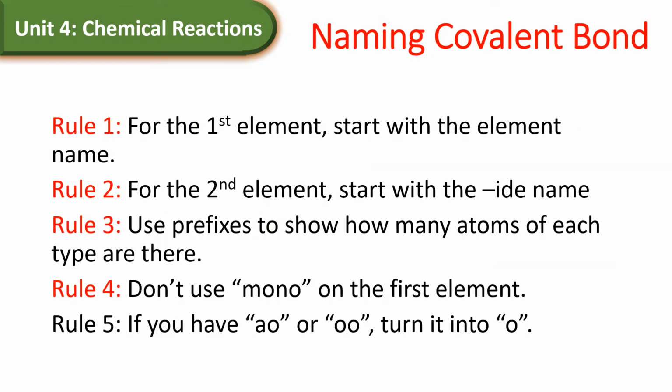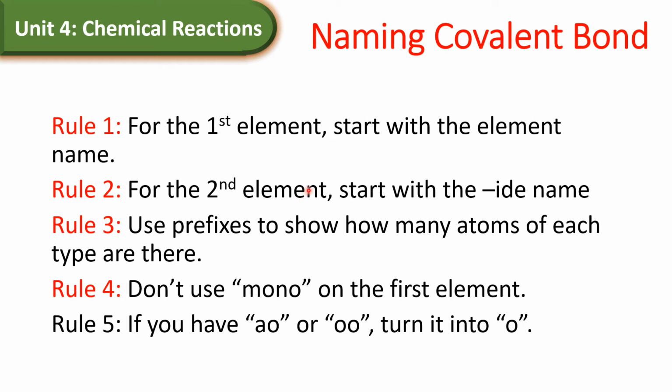In naming your covalent bond, there is similarity with your ionic bond. If you look at rule number 1 and rule number 2, for the first element, start with the element name, and for the second element, start with your -ide name. They are just similar to your ionic bond. For example, sodium, the first element, then chloride from the word chlorine.